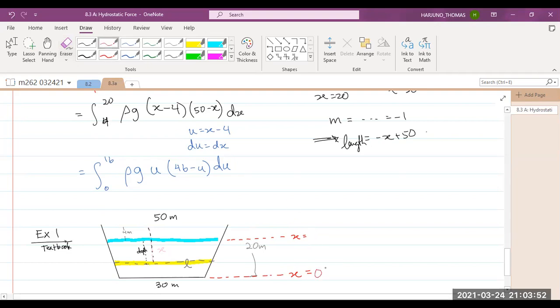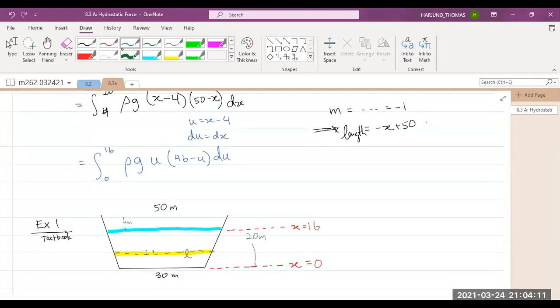So this is my x equals 0, and this will be x equals 16. So my x will grow from the bottom going up. This is my x. You see that? But let's take a break first. We come back at 9:15.